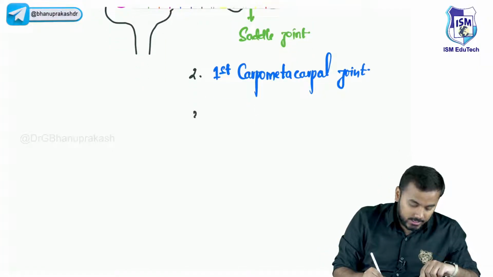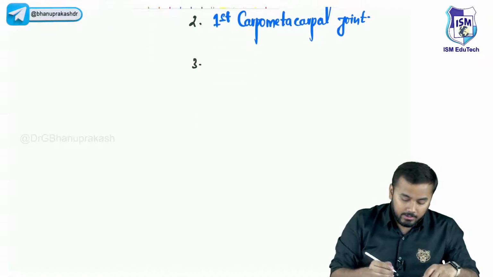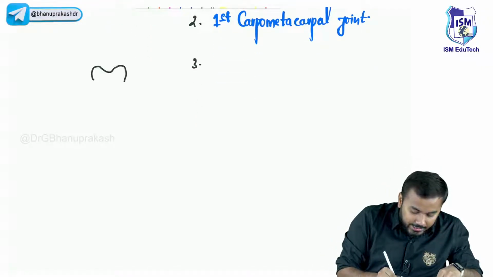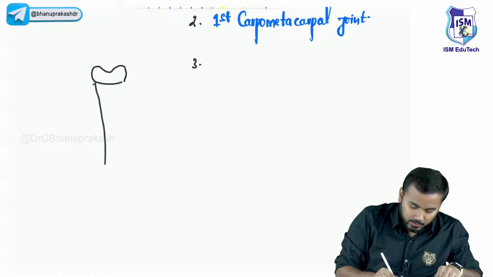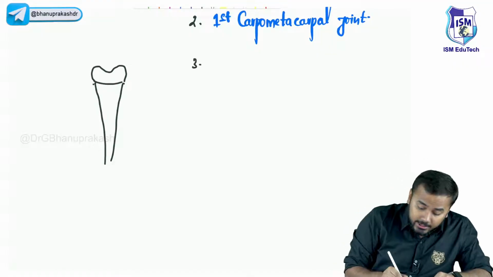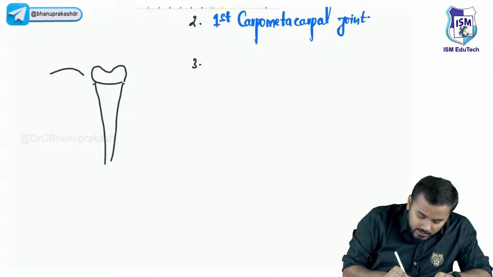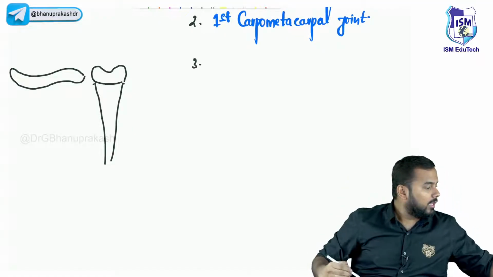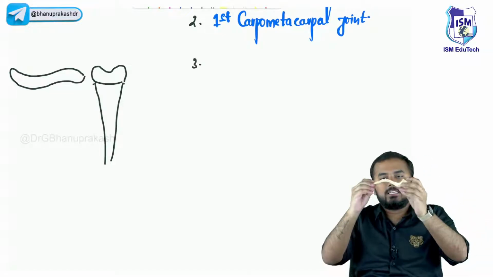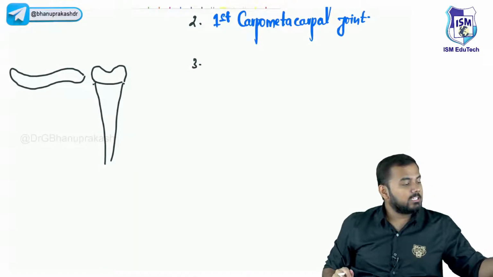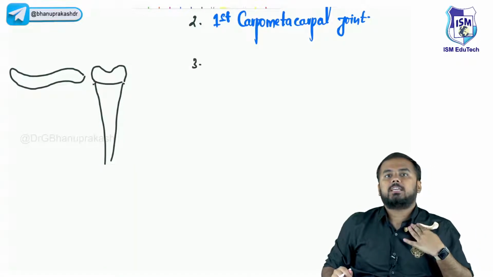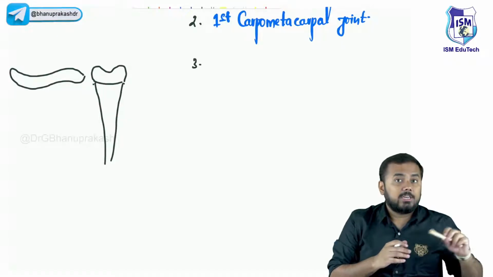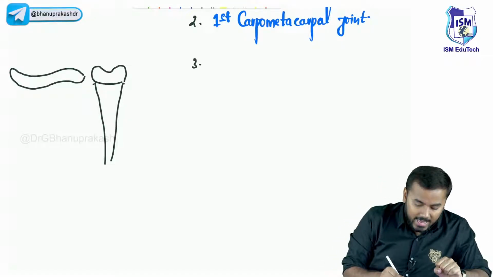Now coming to the third example. All of you know that this is your sternum. And attached to the sternum, what bone do you have, guys? Anyone tell me what this S-shaped bone attached to the sternum is? This is the clavicle.